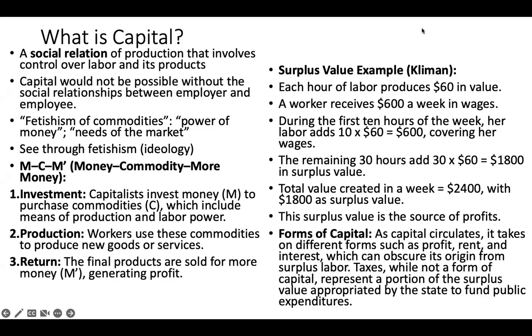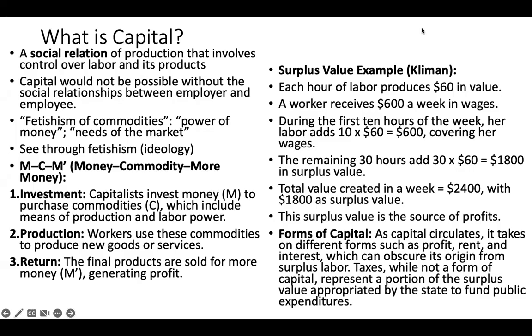That again conceals what is actually going on. The worker receives a wage thinking that this wage is a fair exchange for the value of their labor, but what they're actually getting paid is based upon what it costs to sustain the worker at a certain standard of living. What happens, though, of course, is that the worker is actually producing more value than what they receive back in a wage.